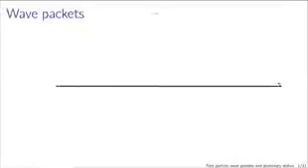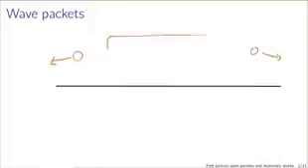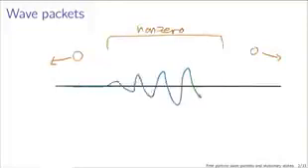The features that we care about are that it's going to be 0 for, say, large negative values of x, 0 for large positive values of x, and only non-zero over some domain. What it might look like is 0, some wave activity over a relatively limited region, and then going back to 0.